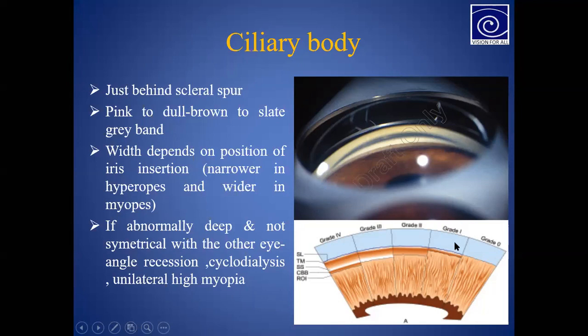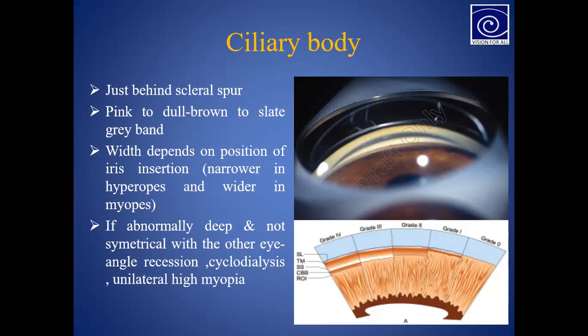And in grade 1, the trabecular meshwork is also not visible. Basically the posterior trabecular meshwork will be absent, and only the anterior trabecular meshwork and Schwalbe's line will be visible in grade 1.